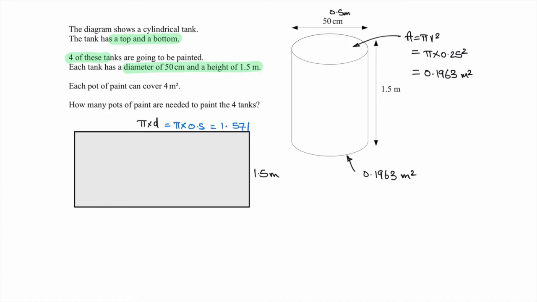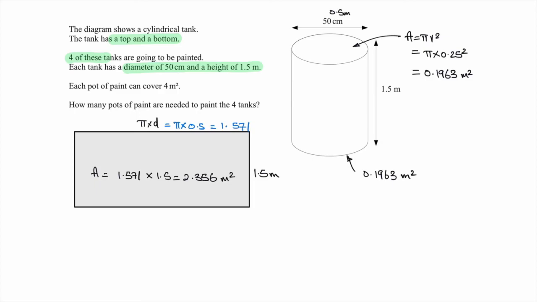Now the area in here is going to be length times width. So I'm going to take that answer, 1.571, and multiply it by 1.5, which gives me an answer of 2.356 square meters.